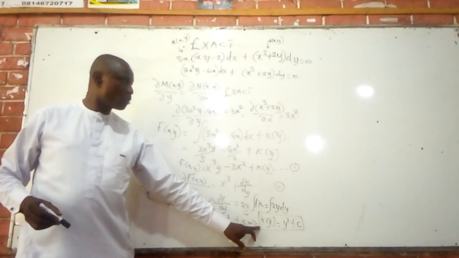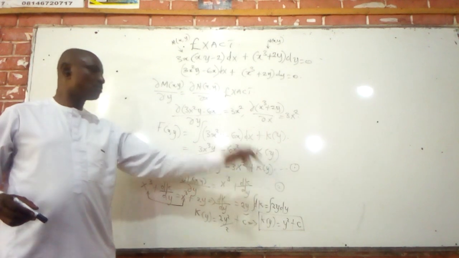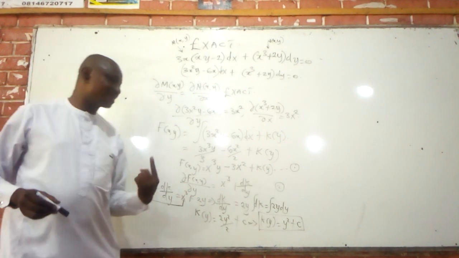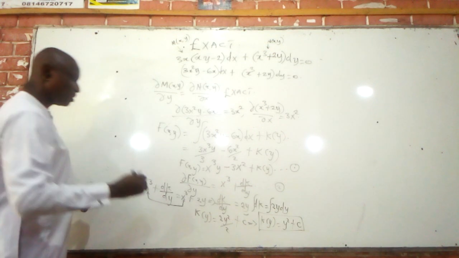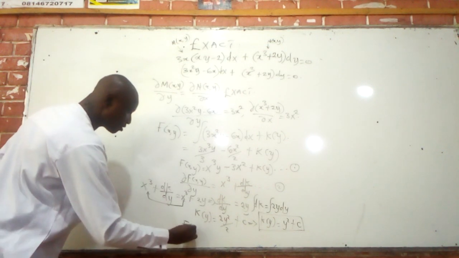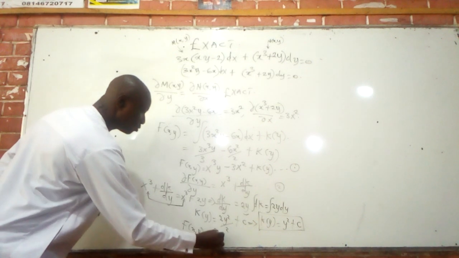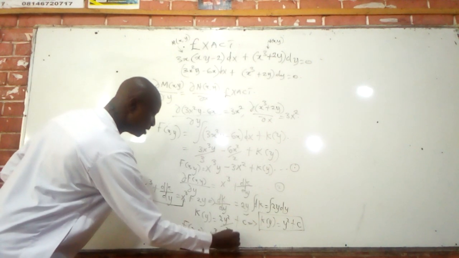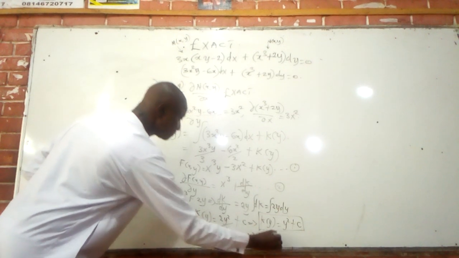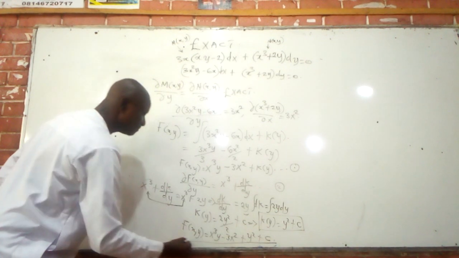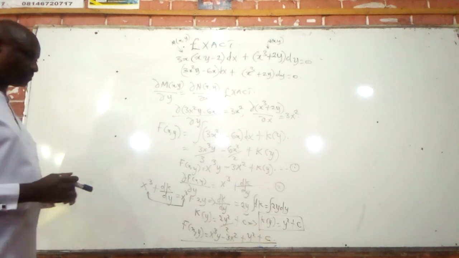Immediately you get it, it is inserted in equation 1 to get the final answer. So the final answer for the exact equation becomes f(x,y) = x³y − 3x² + y² + c. This is the answer to the exact first order differential equation.